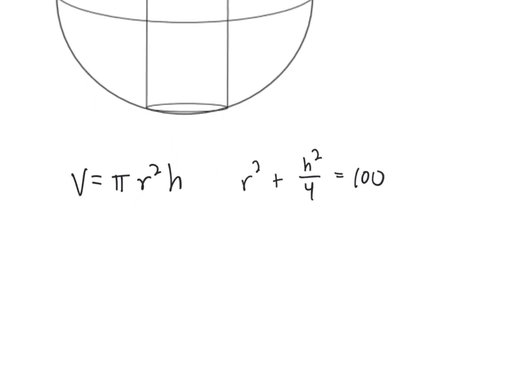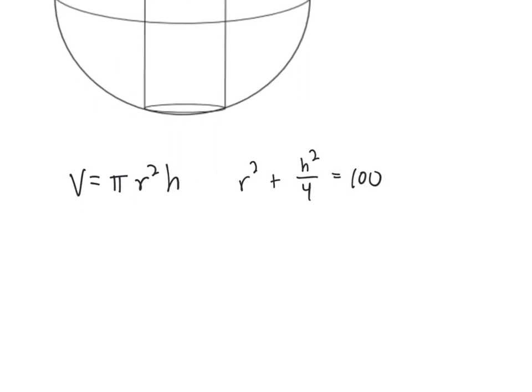We could just solve this for r squared, since we have an r squared over here, and then substitute that in. Okay, r squared is that whole thing, and then times h.